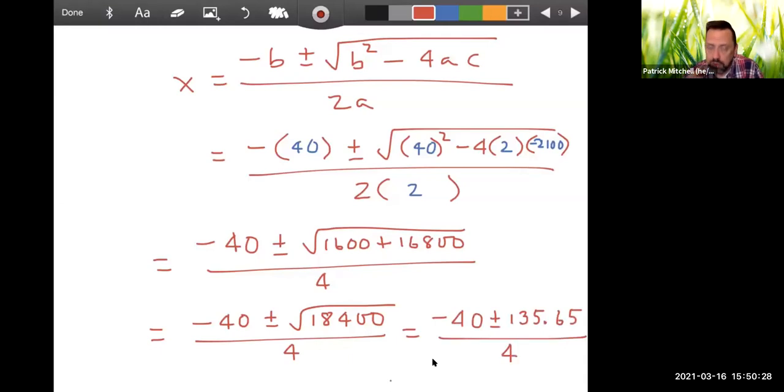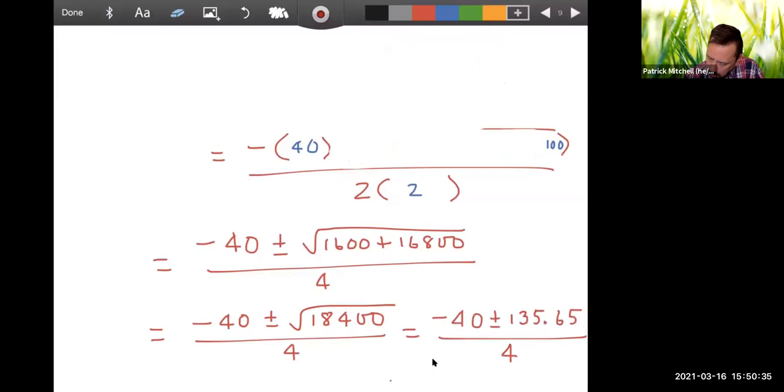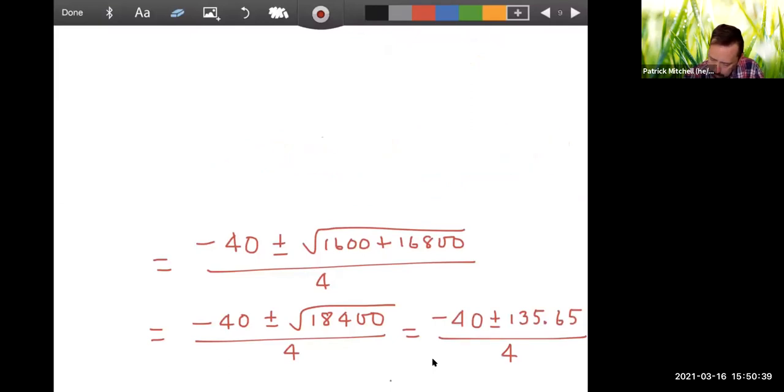All right. Now, of course, there are two solutions in there. One solution is with the plus, and that would be, let's see, negative 40. Let's do 135.65 minus 40 divided by 4, and that's about 23.91.